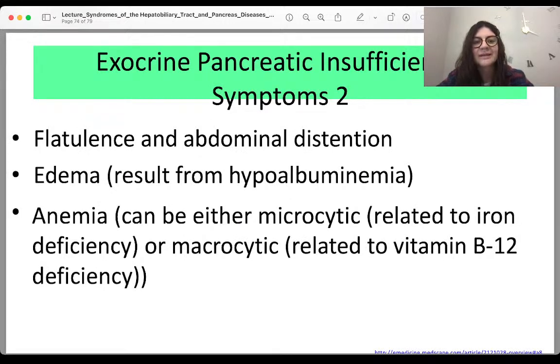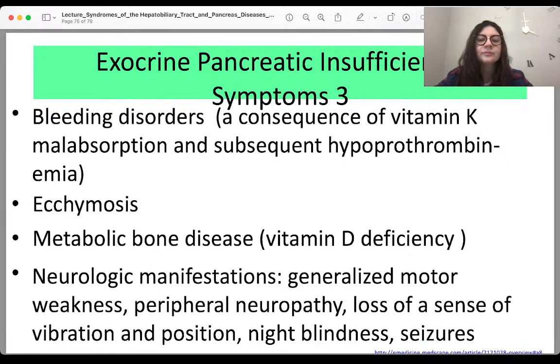Symptoms can include edema, which here results from hypoalbuminemia or oncotic edema, and it can be anemia in such patients. It can be either microcytic related to iron deficiency or macrocytic, related to vitamin B12 deficiency. Very typical for exocrine pancreatic insufficiency are bleeding disorders, a consequence of vitamin K malabsorption and subsequent hypoprothrombinemia.